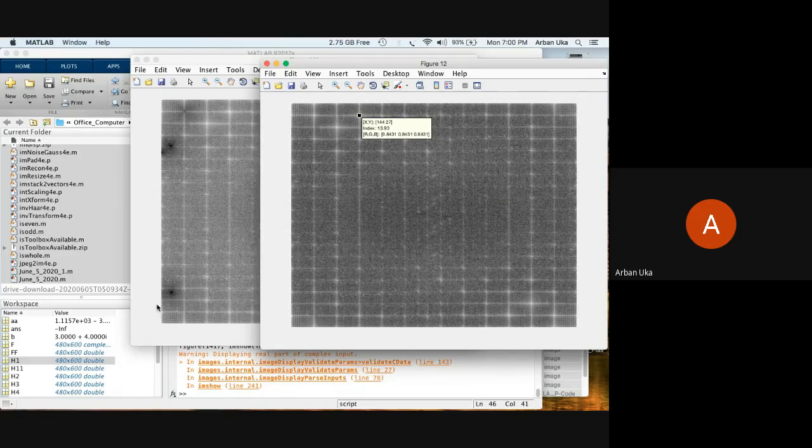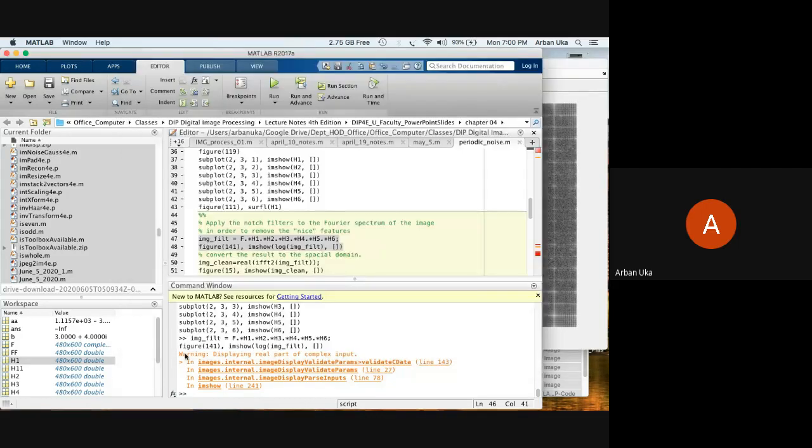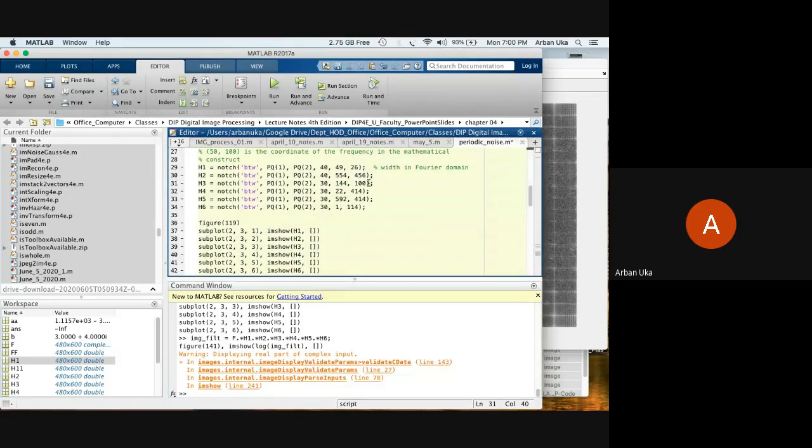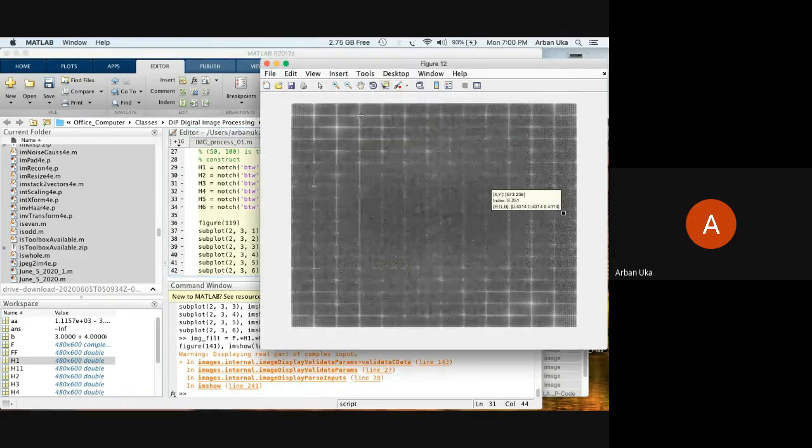124, 27. And this one, this is the reciprocal of this one.